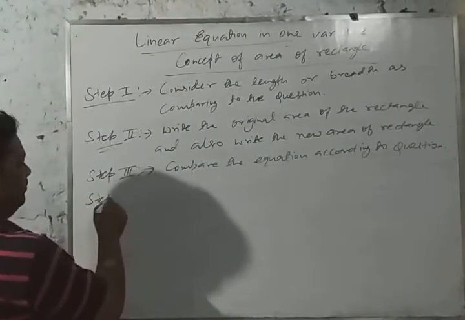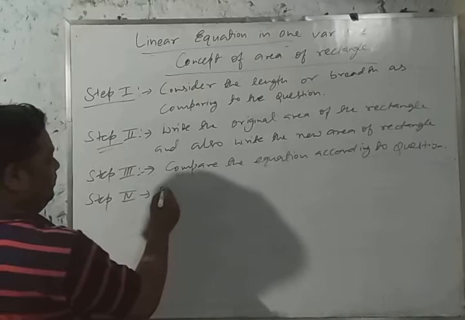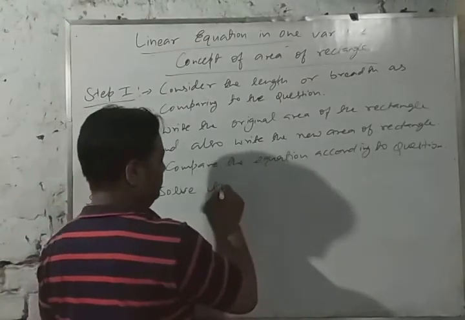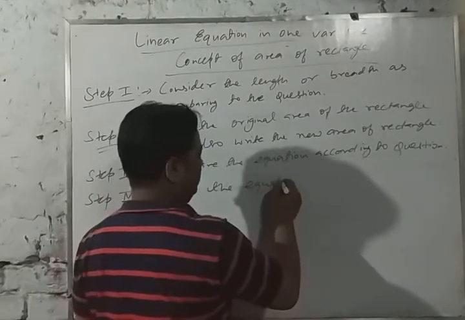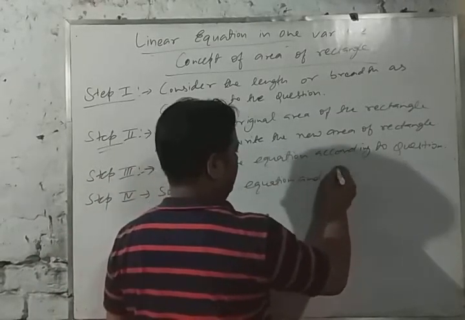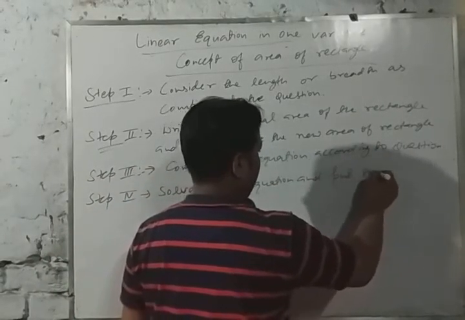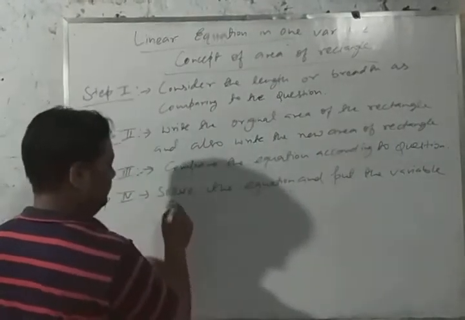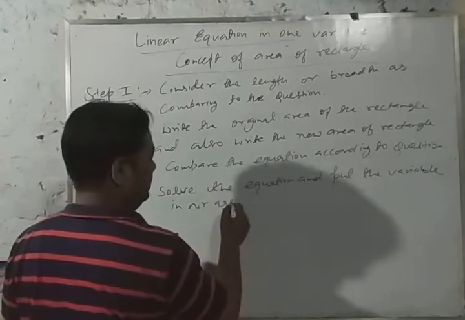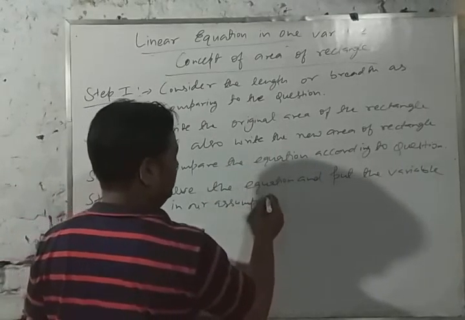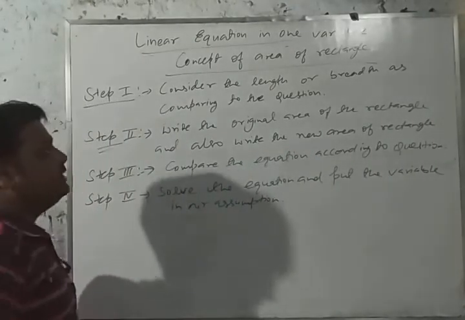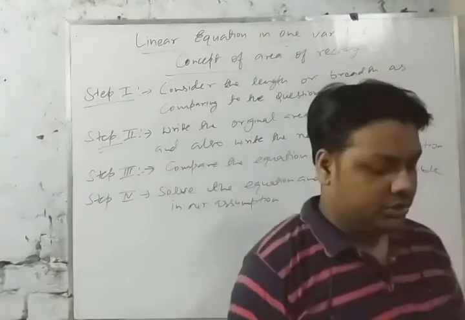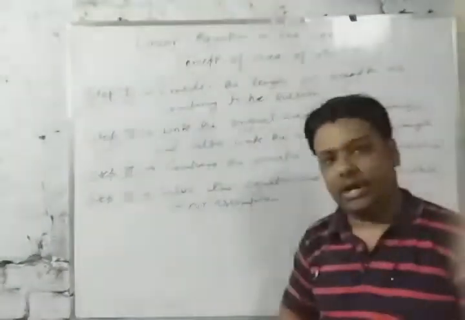Then step 4: Solve the equation and put the variable in our assumption. So these are the 4 steps we will apply in the concept of area of rectangle.